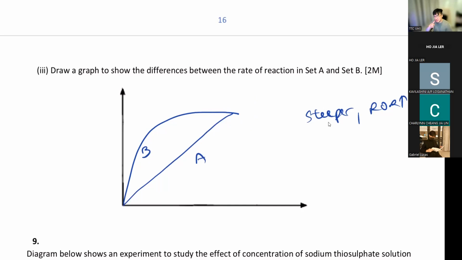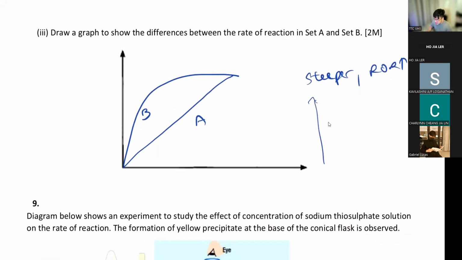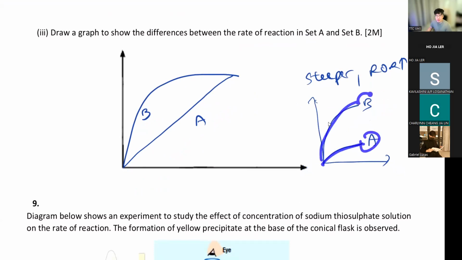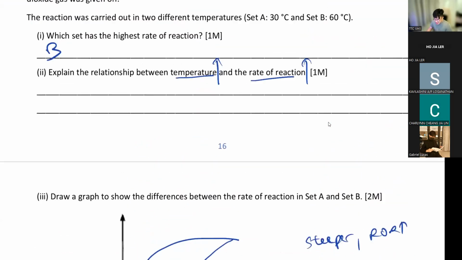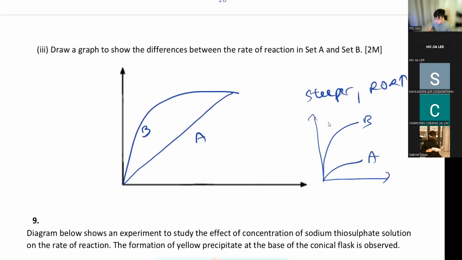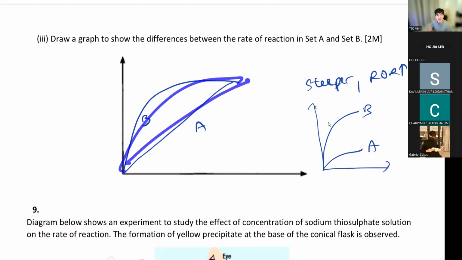Please don't, guys. I have many students thinking this way. Oh, sir, B is faster, A is slower. No. That means you get more B and less A. No, they all end at the same point. If you use 5 grams of calcium carbonate and 5 grams of hydrochloric acid, you end up at the same place. It's just that one is hotter, so it's faster.